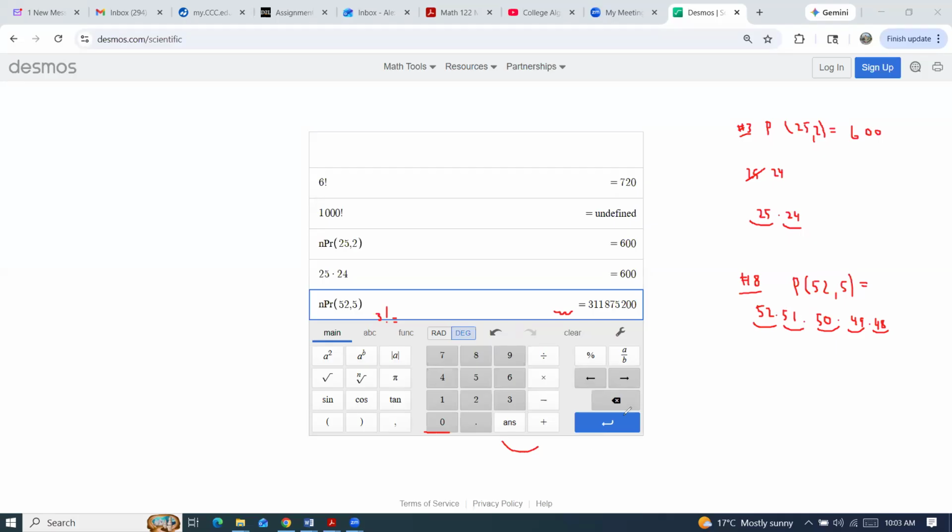And of course, I can here again. So it's 52 times 51 times 50. So just multiply numbers that start at 52 and go down.